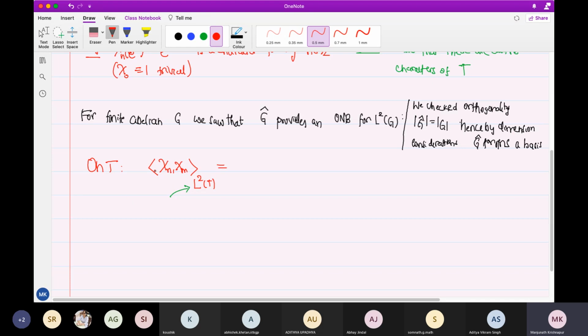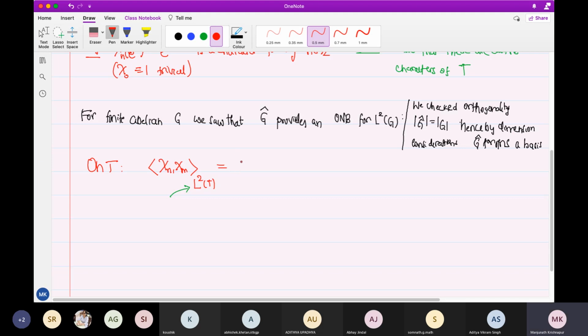So this is the space L2, the space of Lebesgue measurable functions that are square integrable. The meaning of this is just that instead of a sum, we will have the integral.